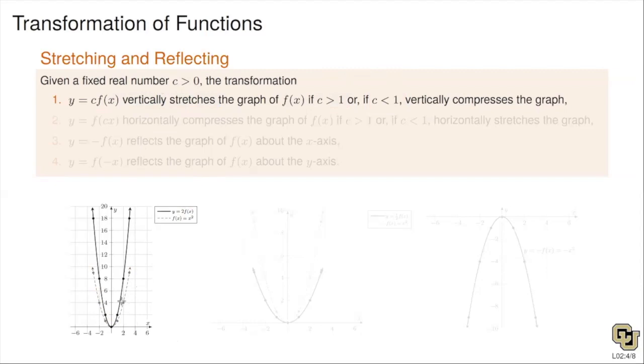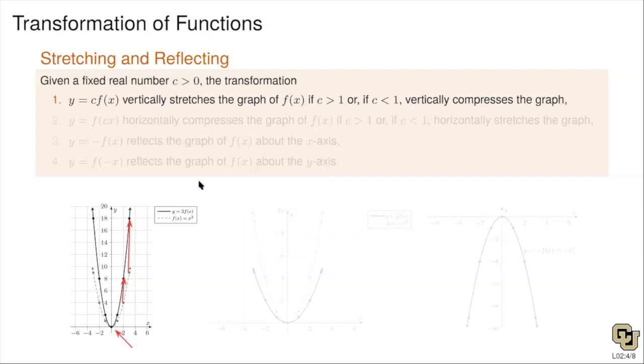So some y value that was down here has now been pushed up. Y value that was down here has now been doubled and pushed up. But 0 doesn't move. 2 times 0 is still 0. So the curve is still anchored at the origin. And so it's anchored at the origin, but all the y values are moving up, so it gets stretched. Because it's stuck at the origin, but it's being pulled up, so it gets stretched.